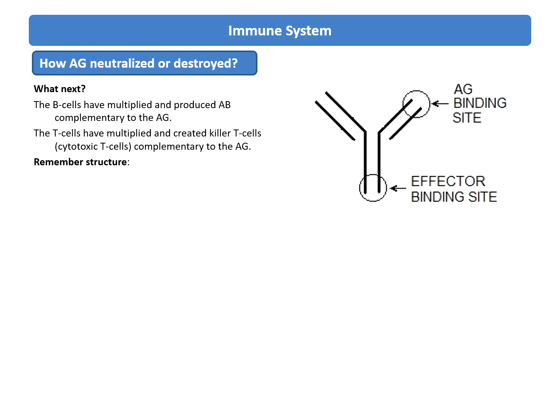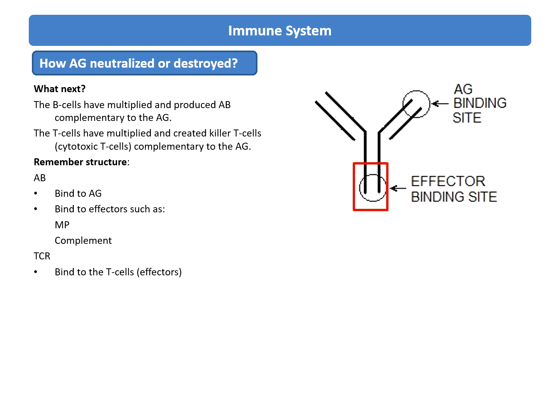Remember the structure. The antibody has an antigen binding site and an effector binding site. The effectors include macrophages, complement. T cell receptors bind to T cells with the effector binding site. They bind to the antigen with the antigen binding site.